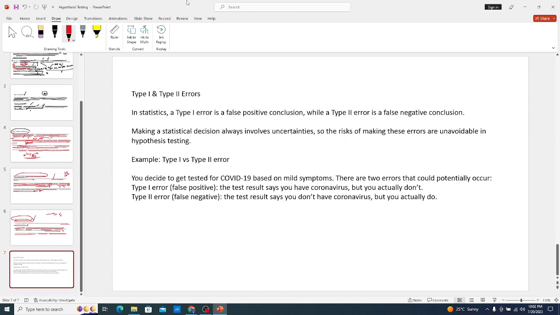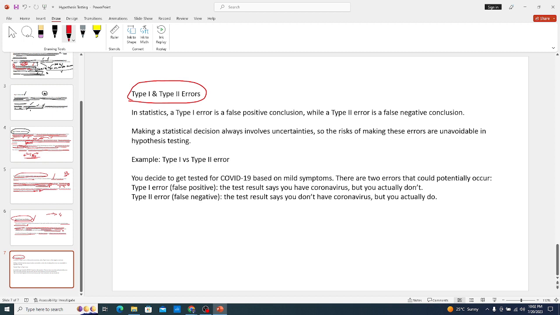Okay, then we have two types of errors which we can commit when doing hypothesis testing.